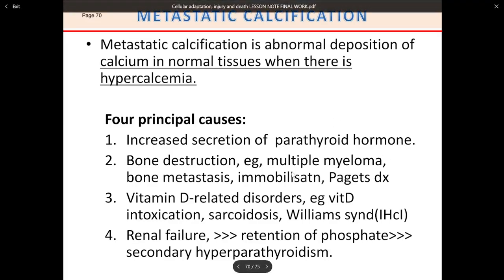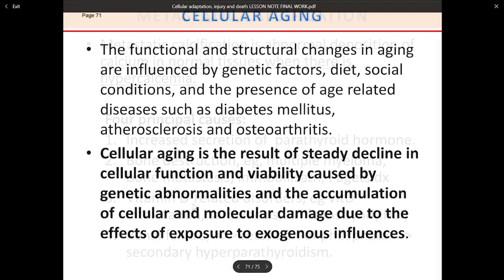Second, bone destruction, e.g., multiple myeloma, bone metastasis, immobilization, Paget disease. Thirdly, vitamin D related disorders, e.g., vitamin D intoxication, sarcoidosis, Williams syndrome. Fourth, renal failure, which results in retention of phosphate, ultimately resulting in secondary hyperparathyroidism.